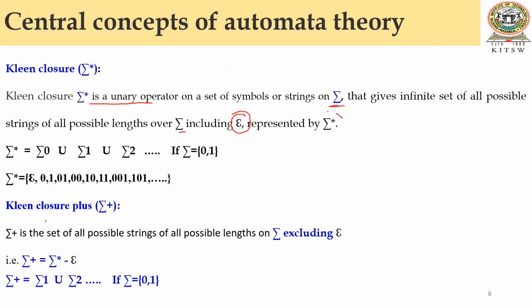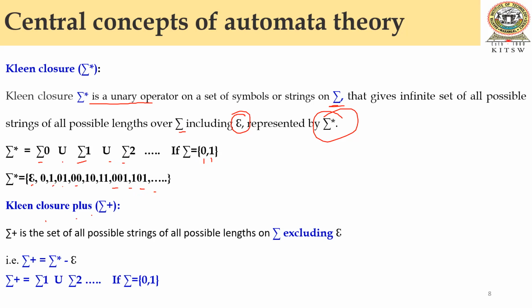That is represented by sigma star. Sigma star equals sigma 0 union sigma 1 union sigma 2 and so on. With sigma having the characters 0 and 1, the Kleene closure is epsilon, 0, 1, 00, 01, 10, and so on, all the combinations of zeros and ones.